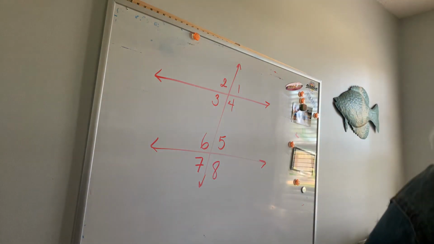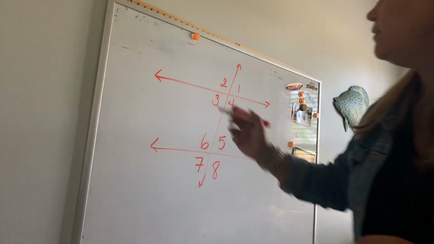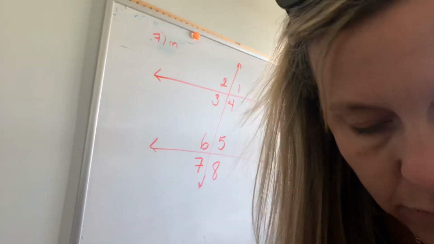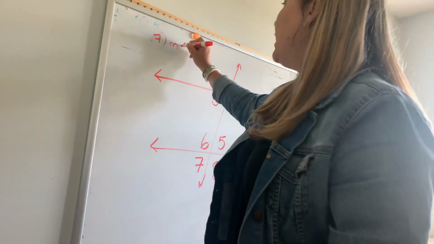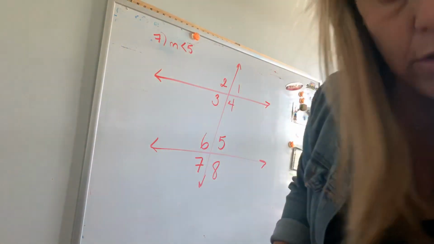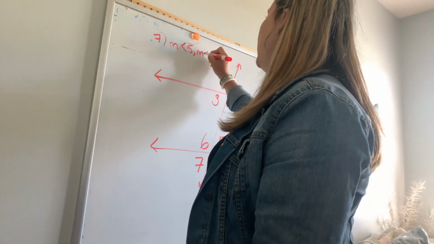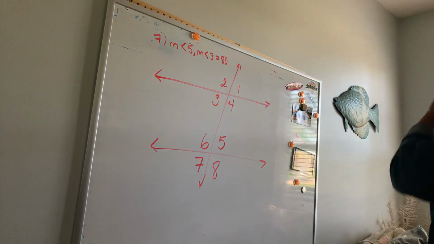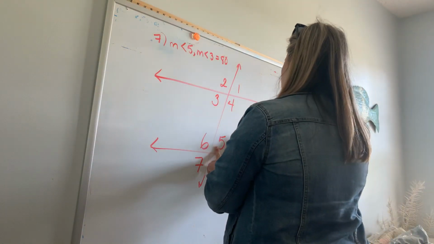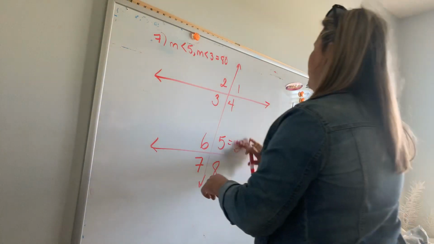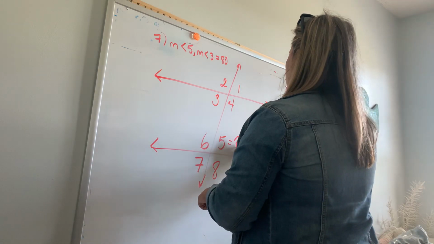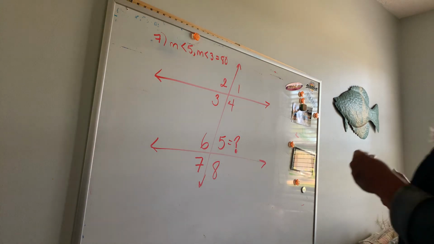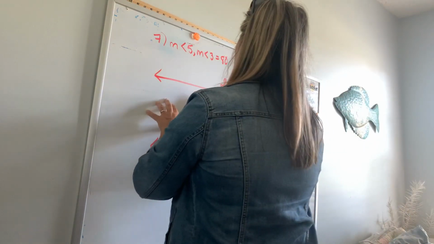All right, so number 7 says that the measure of angle 5, when the measure of angle 3 equals 80. So they want us to find 5. They want to know the measure of angle 5 if we know the measure of angle 3 equals 80.